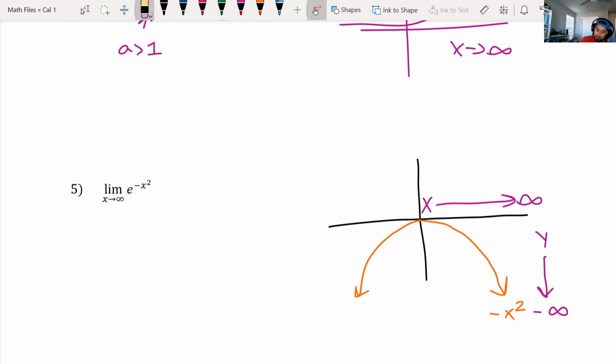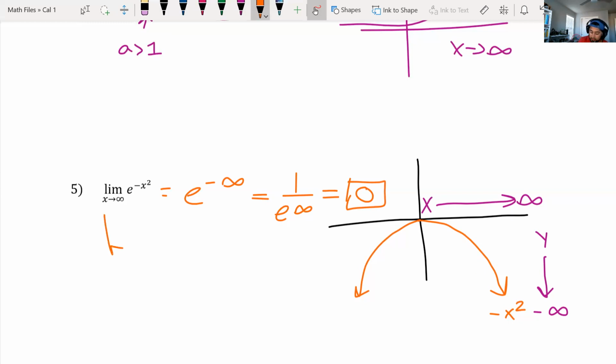And this means that when we rewrite this limit, you'll just get e to the negative infinity, which again becomes 1 over e to the infinite power, which will become what? 0. I mean, we could have even seen this one without the graph too.